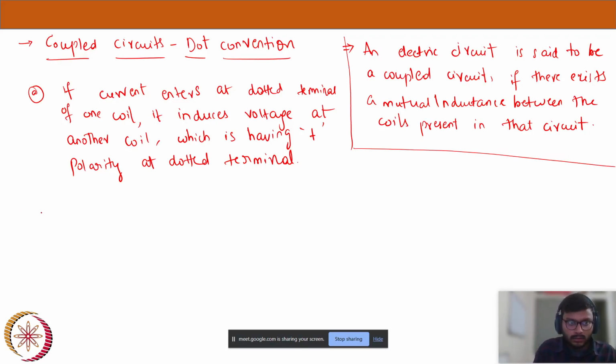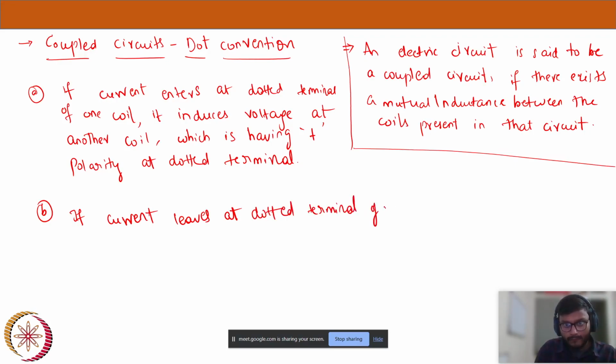And the second obvious case will be if current leaves a dotted terminal of one coil, it induces voltage at another coil.